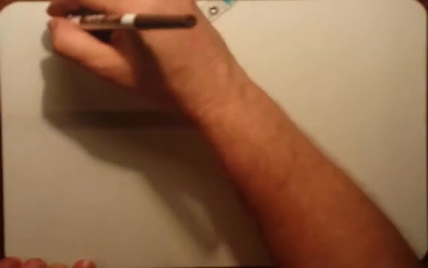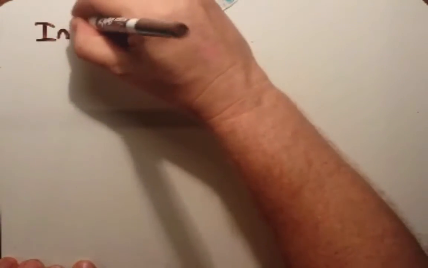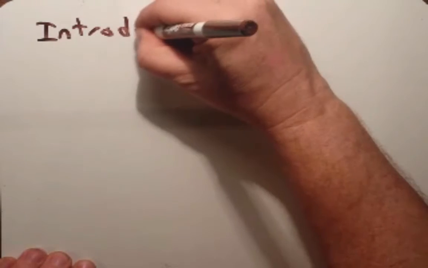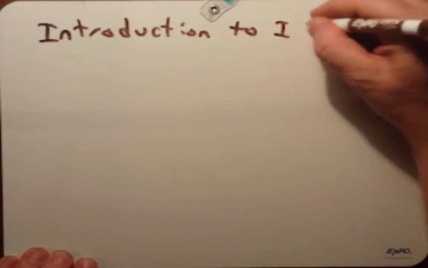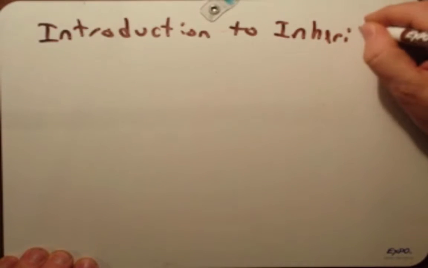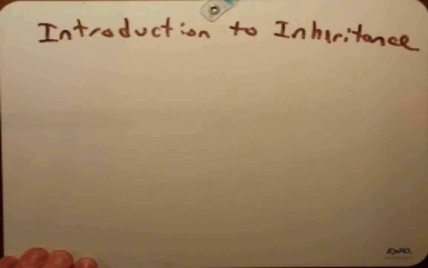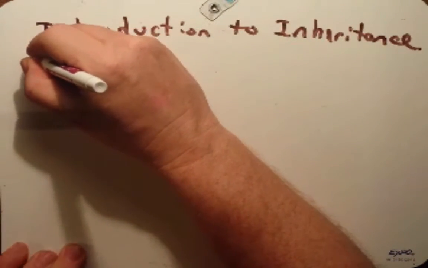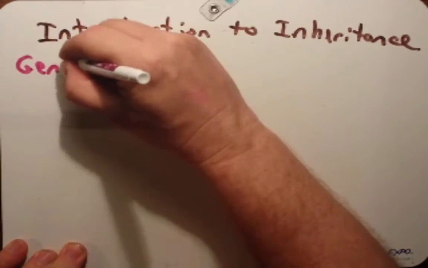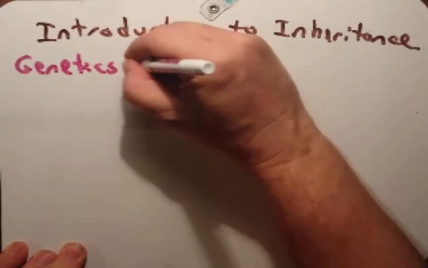In this podcast we're going to focus on the introduction to inheritance. And let's begin with what we talked about at the very beginning of the semester when we gave a brief definition of genetics.